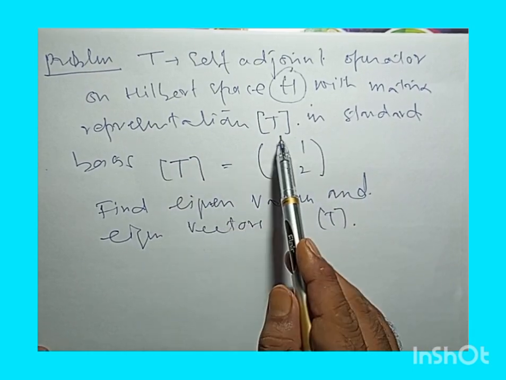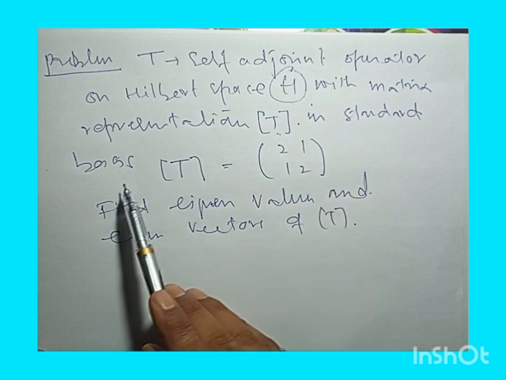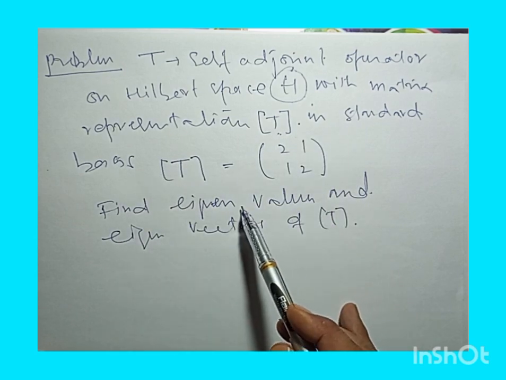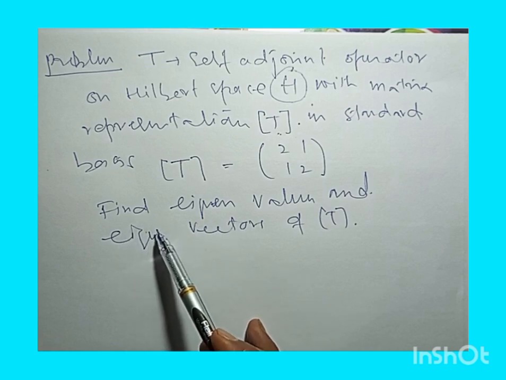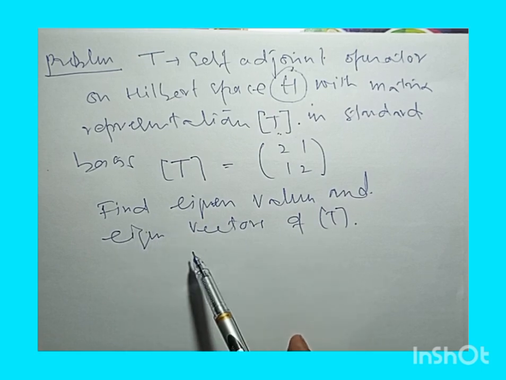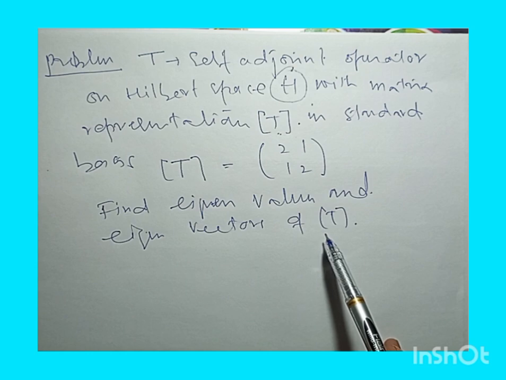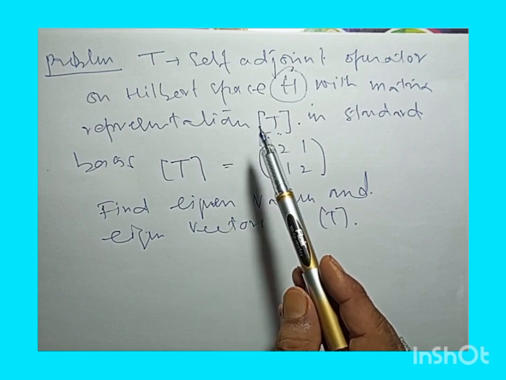The matrix representation of T in the standard basis is 2, 1, 1, and 2. Now, we want to calculate the eigenvalues and eigenvectors of this matrix problem.